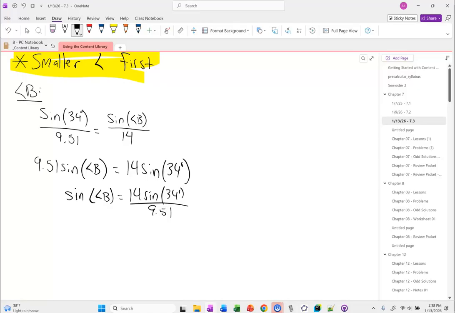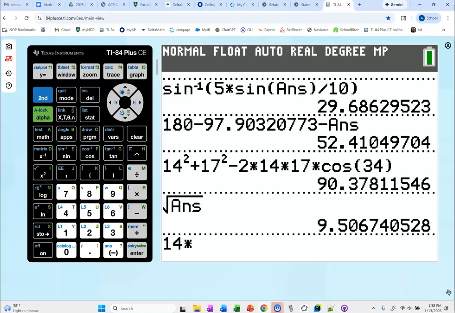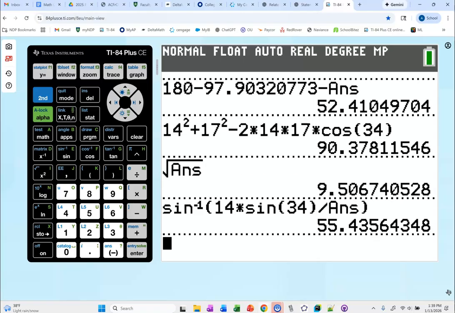Sine inverse. Everybody's okay? So sine inverse of 14 times sine 34 divided by our previous answer. So 55.44. Sounds good to me.